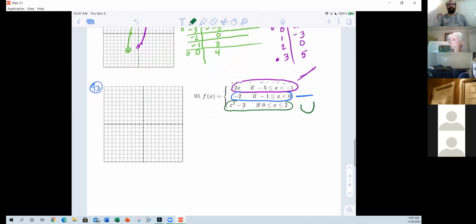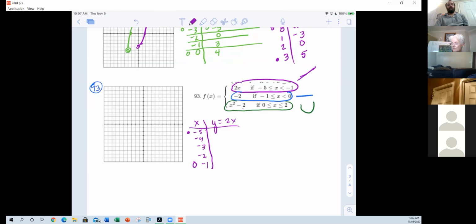Okay, so all I did right off the bat is say I just want to envision what each piece is going to look like, so I have an idea whether I'm doing it right or wrong. So I am going to do the 2x first. And it's from -5 to -1. And I know that I have a closed dot on the -5 and an open dot on the -1, right?